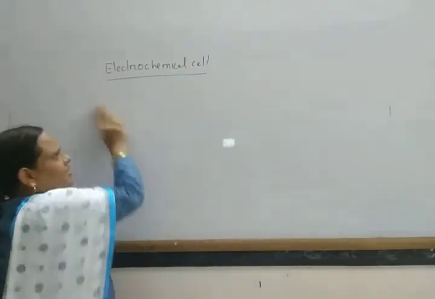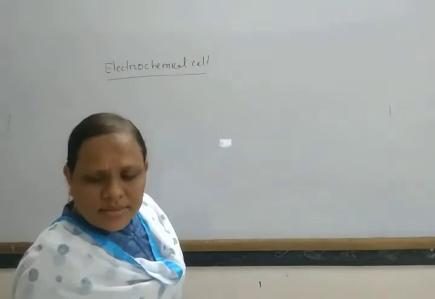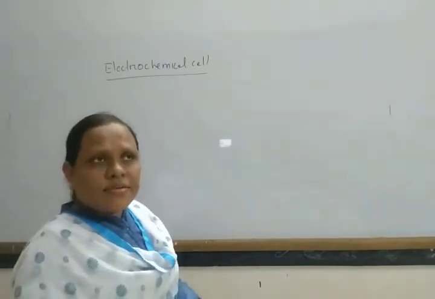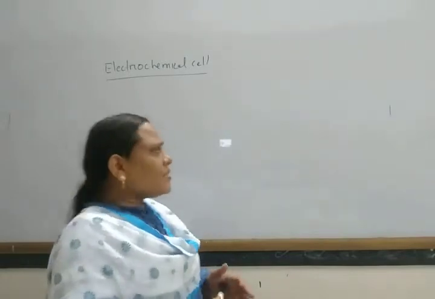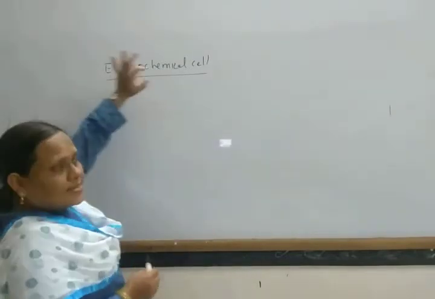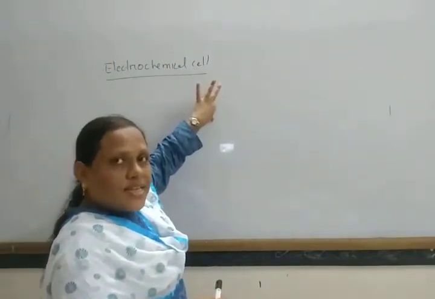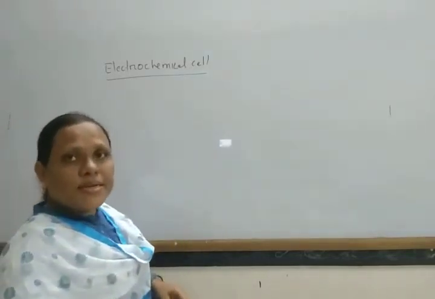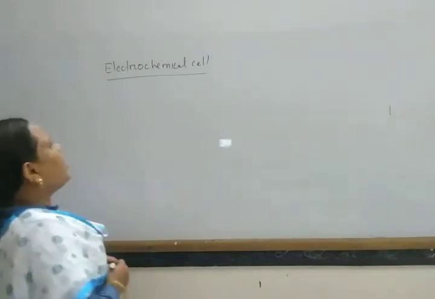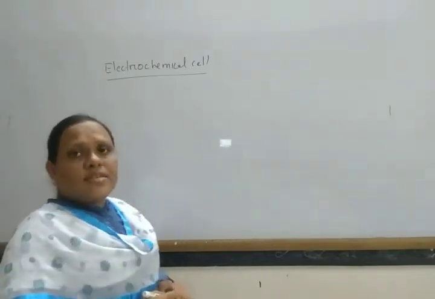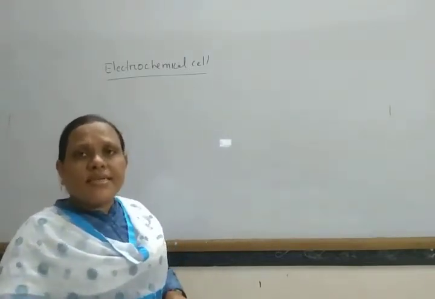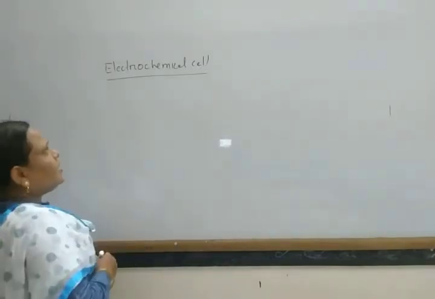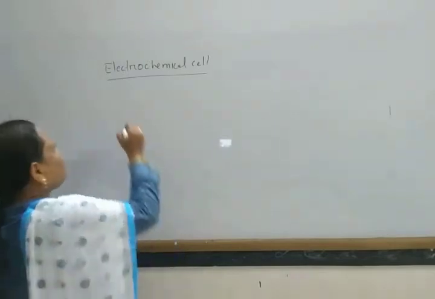In an electrolytic cell, a direct redox reaction takes place, but here in the electrochemical cell, an indirect redox reaction takes place, and generally this happens in two compartments. So the electrochemical cell consists of two compartments.